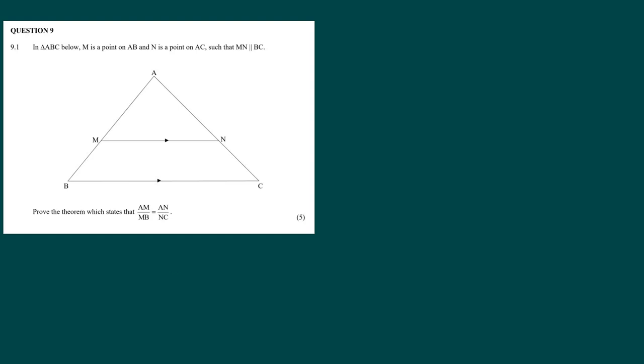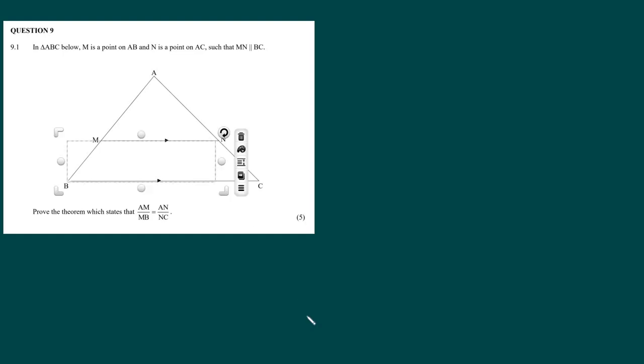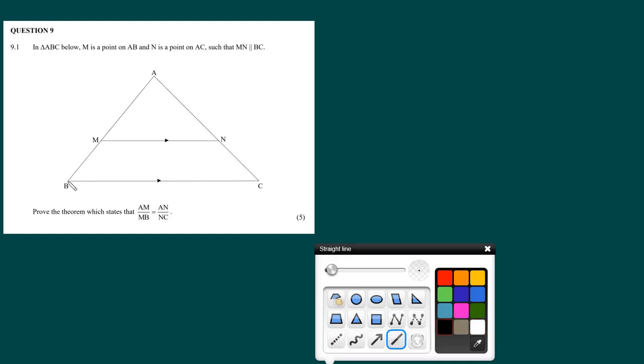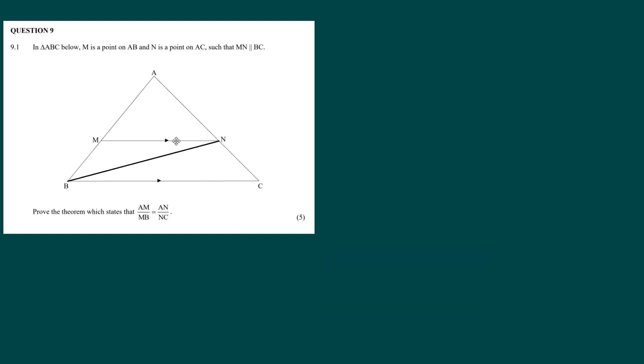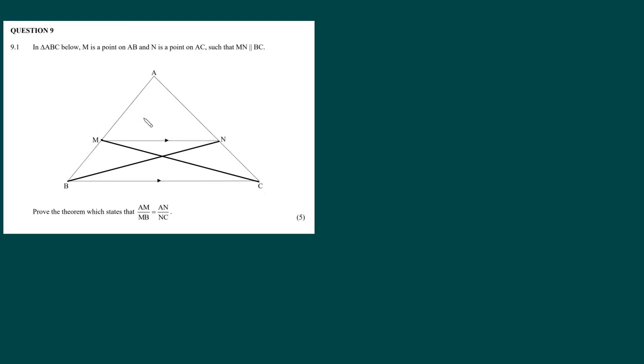Remember, you're going to join B and N, then you're going to join C and M. Then you're going to construct your height here, and then you construct your height there.